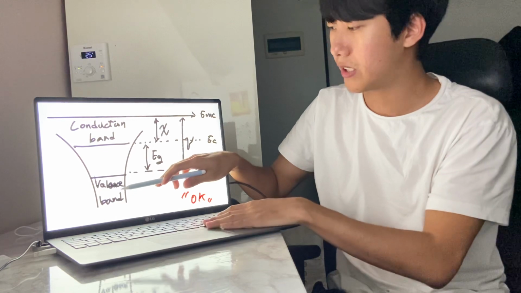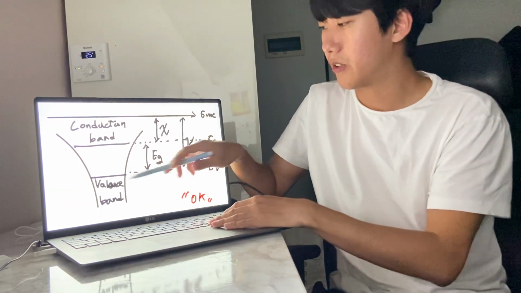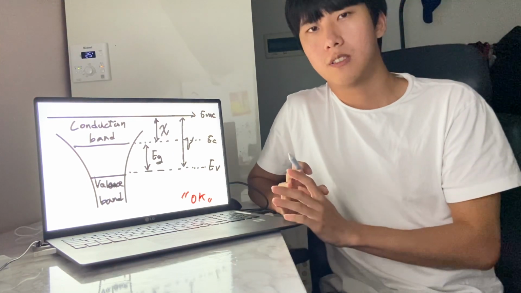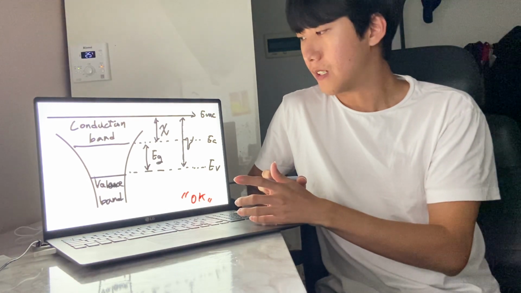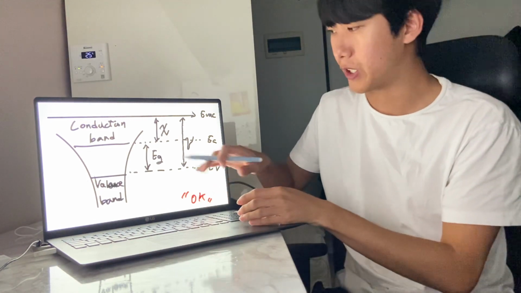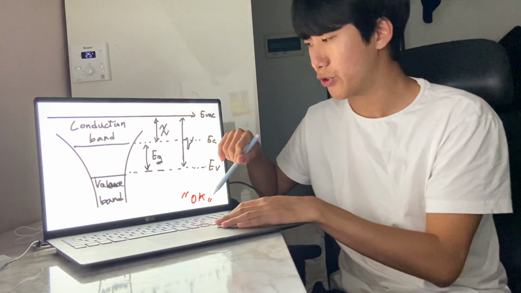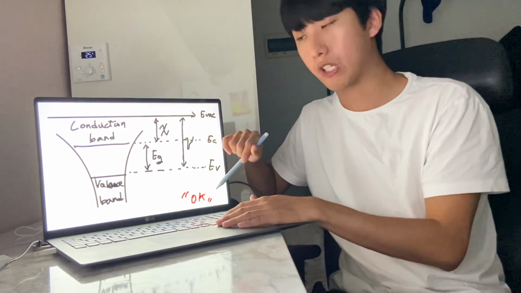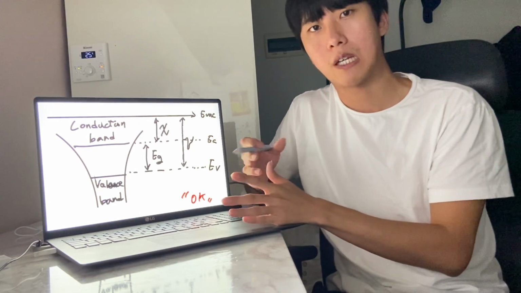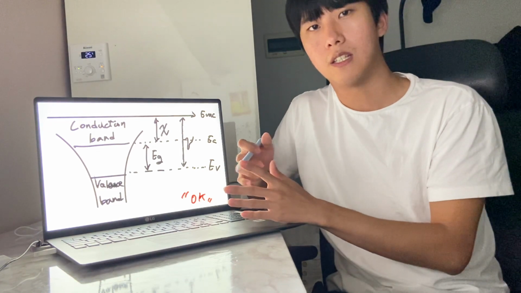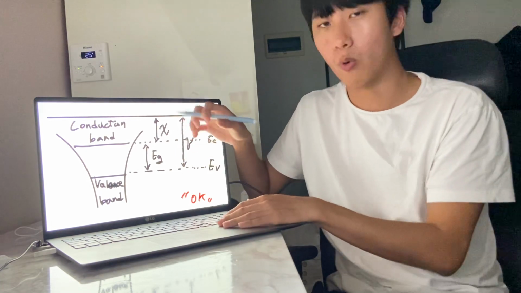So the valence band in this case looks like this. Before defining the valence band, we should know about 0 Kelvin, because certain temperature and light make electrons move away.